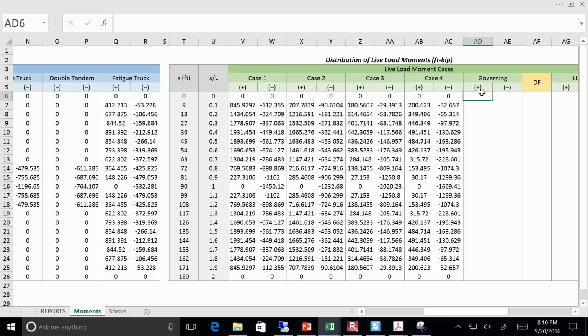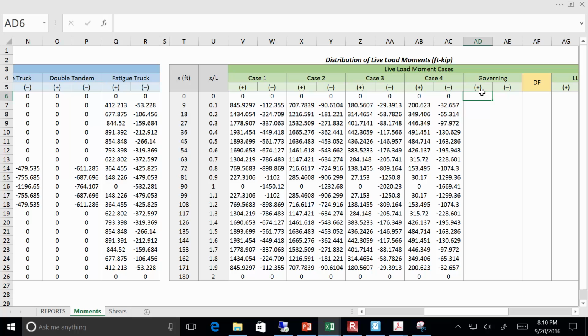So the next thing I need to determine is which one of these cases govern. If I'm the engineer, I want to pick the worst case scenario. So look, I've got a series of positive values and a series of negative values. Let's look at the positive values first. What would be the worst case scenario from this column, this column, this column, and this column? It'd be the maximum, right? Sound good?